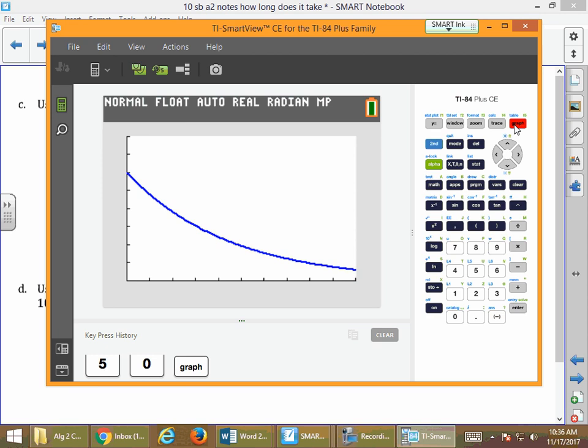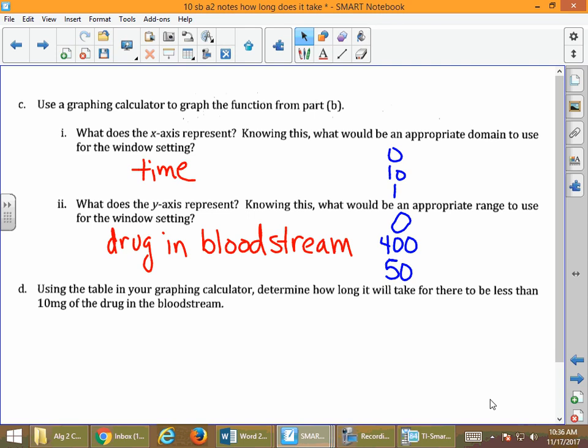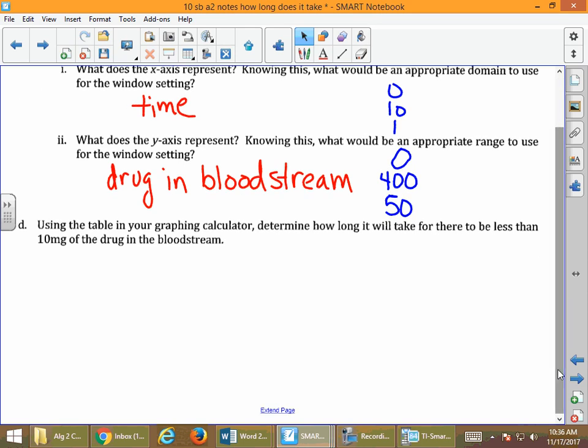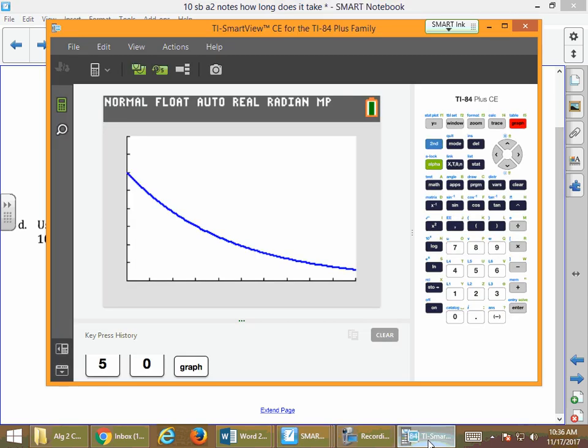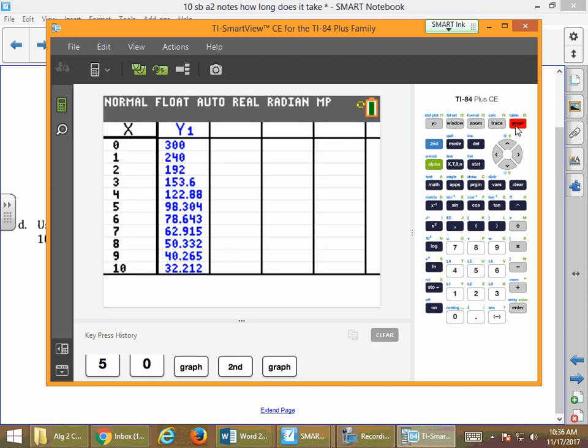Part D. It says, using the table on your graphing calculator, determine how long it will take for there to be less than 10 milligrams of the drug in our system. Well, we have everything in our calculator. We just need to go to second, table. And we're going to scroll through this. And we need to find less than 10 over here in our Y category.